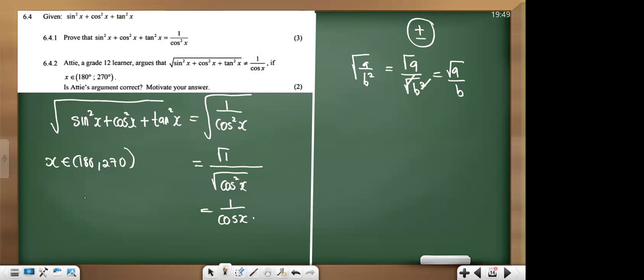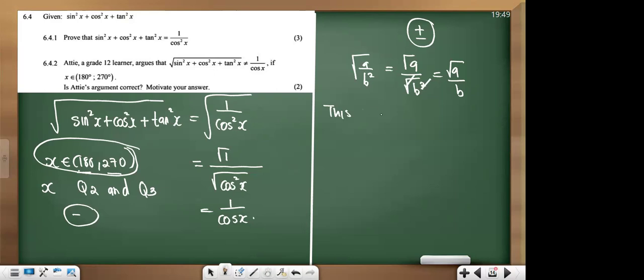If x is between 180 and 270, it means x lies in the second quadrant and the third quadrant. Wait, let's check something. This reduction is for second and third quadrant, but cos is negative in this quadrant. Okay, so can I say this will be correct? Yeah, I will say I agree with you.